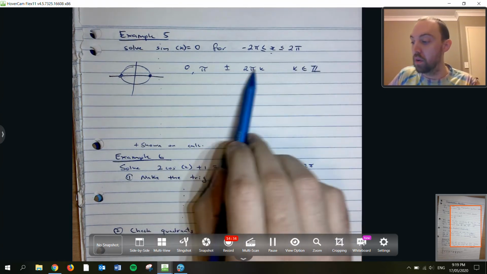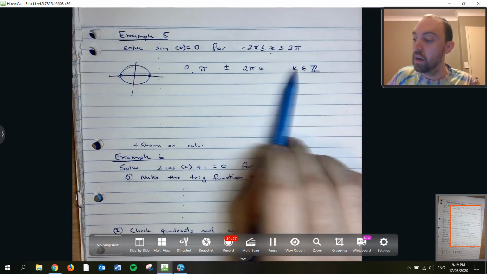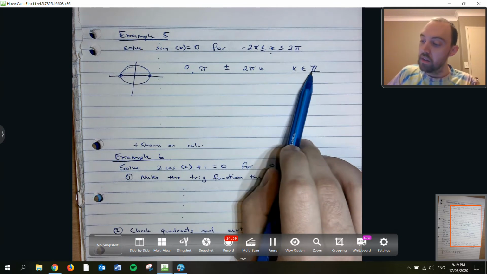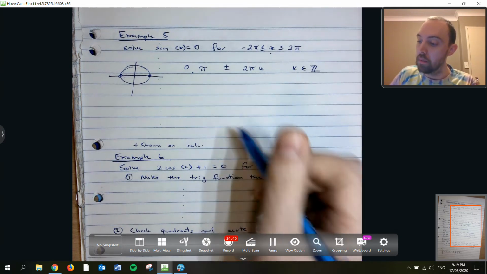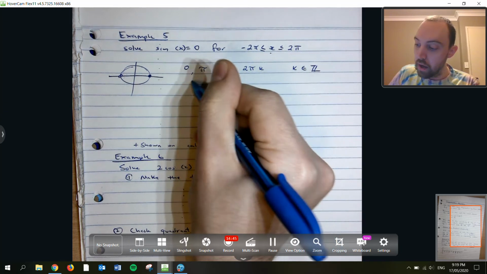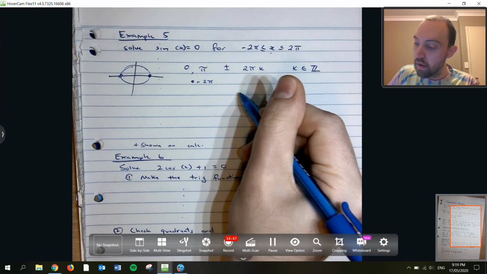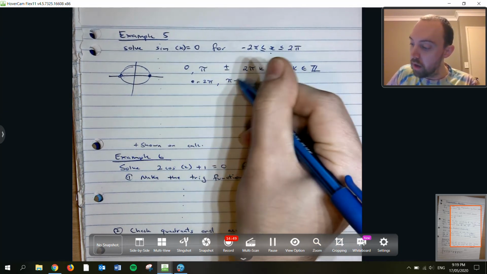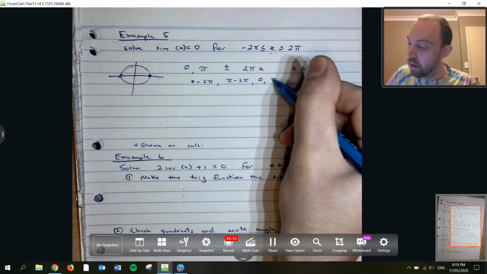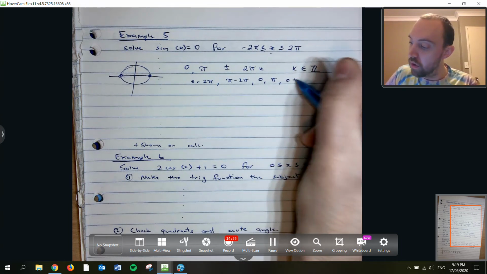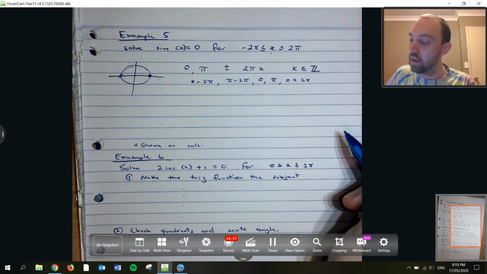This is how I was shown to write it. I'm adding my period when k is some integer, so I could be adding or subtracting multiples of 2 pi. So for example, I could do 0 take 2 pi, and pi take 2 pi. So we have 0, pi, and we could have 0 add 2 pi.